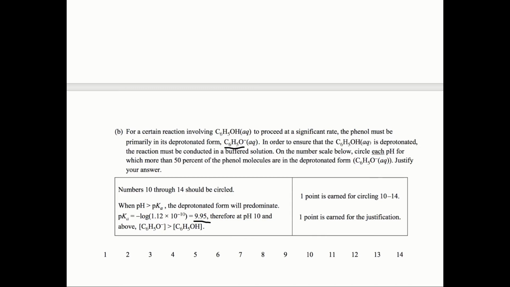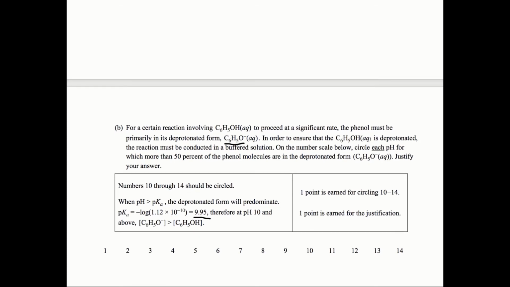I want even more weak base, which means the pH will be higher. So I need to circle all of the values that are going to be higher than a pH of 9.95, because then that would tell me I have more base than I have acid.